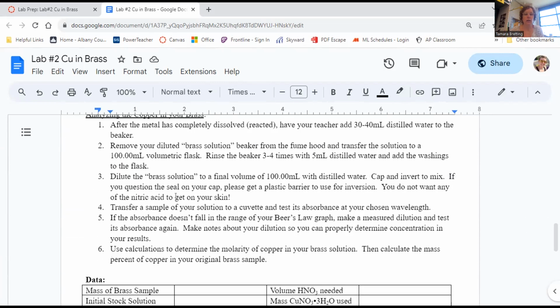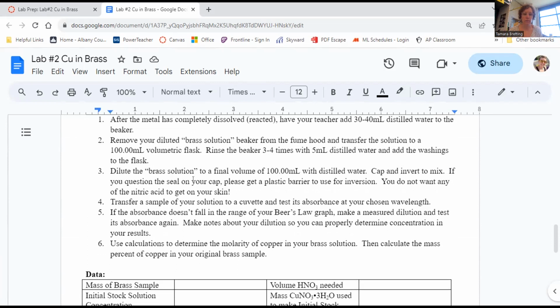Then, after you've gotten your curve and your metal is completely dissolved, you dilute your metal solution and measure its absorbance. Hopefully it's within the 0 to 1 range, but if it's too high, you'll dilute it, measure it again, and then you'll have an extra math step to back calculate how much copper was in that brass.